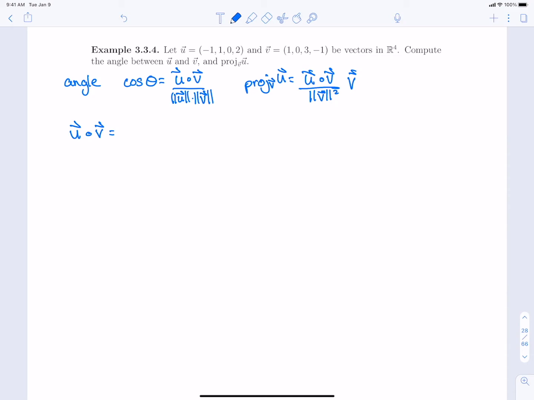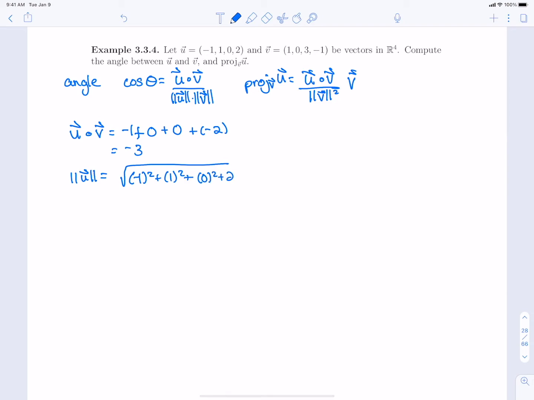So it makes sense that we should start by finding the dot product. My dot product here gives me negative 1 plus 0 plus 0 plus negative 2, and so I have found negative 3. Let's find the magnitude of u. That'll be the square root of negative 1 squared plus 1 squared plus 0 squared plus 2 squared, which is giving me 1, 2, and 4, so square root of 6.